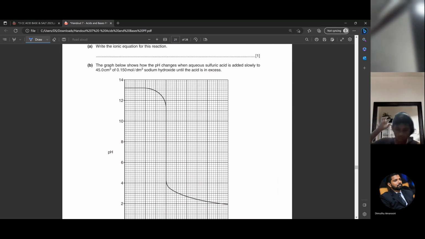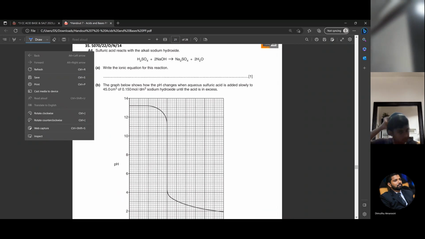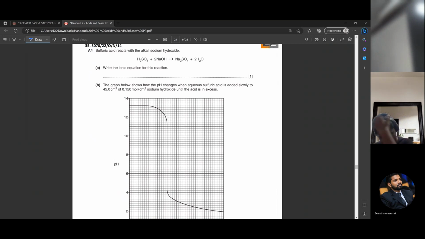So this is how the pH changes when a titration happens. The pH of an aqueous solution changes when a titration happens. When you are dealing with a titration, I have instructed you to just draw this sketch and know what you have in the conical flask and the solution.